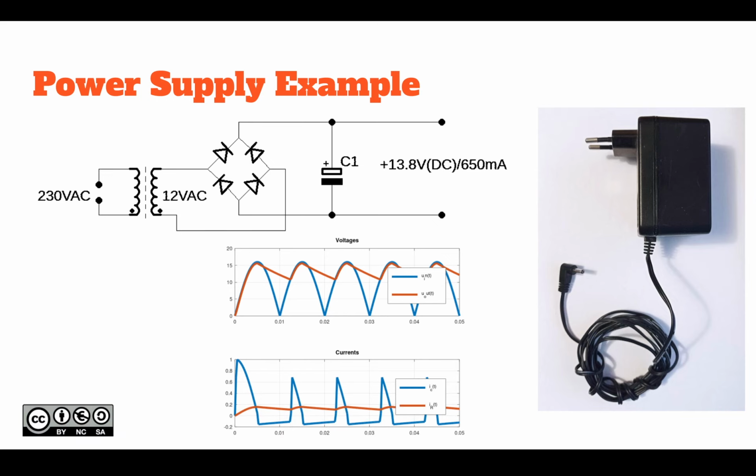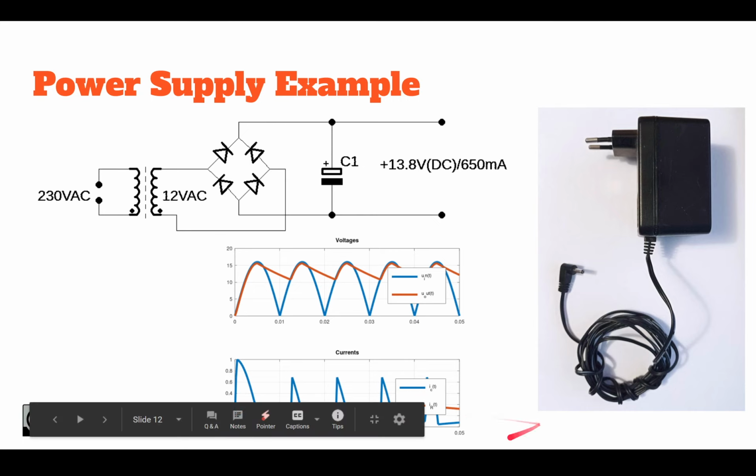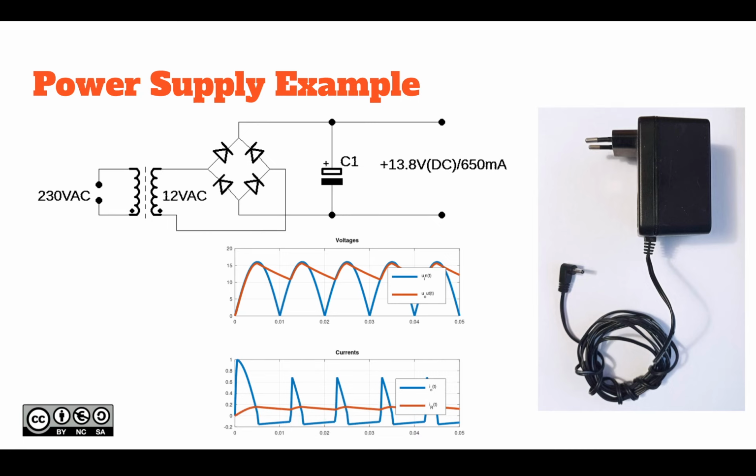Although, okay, that load is a little bit off here. Anyways, practically this happens. It works. It's just like that. If you buy a cheap power supply, it's nothing more than rectifier diodes, a transformer, and a capacitor.